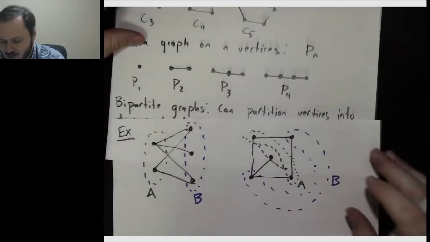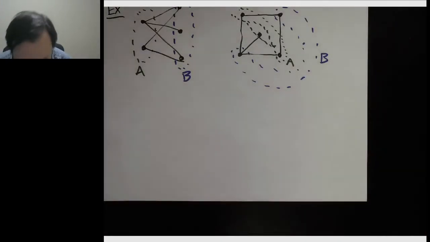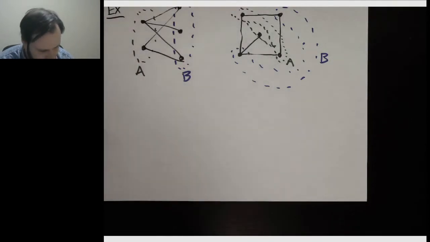And then a complete bipartite graph has these two parts and then has all of the edges between the parts.